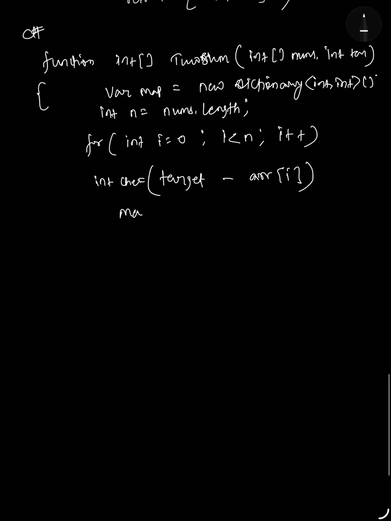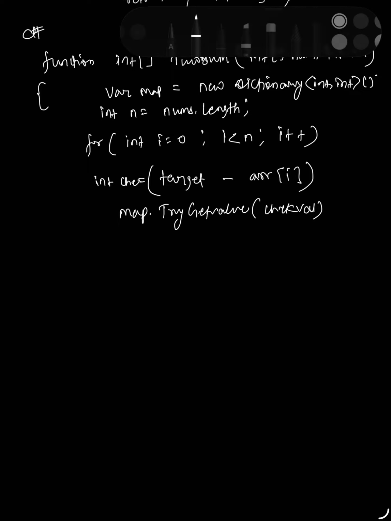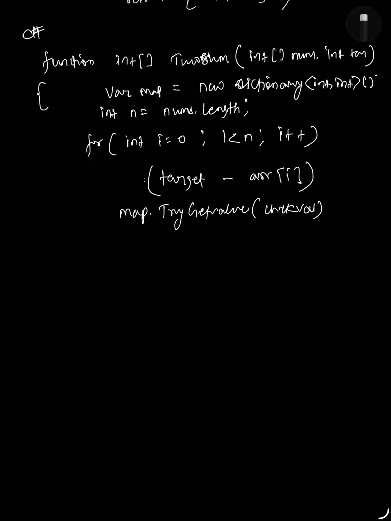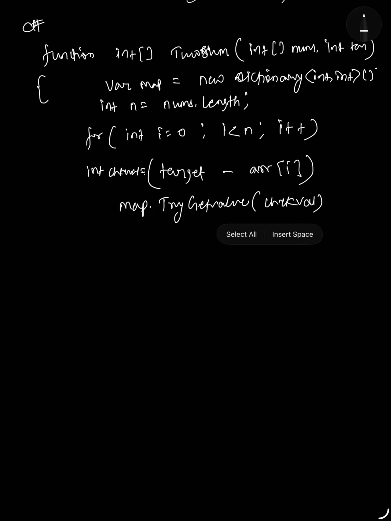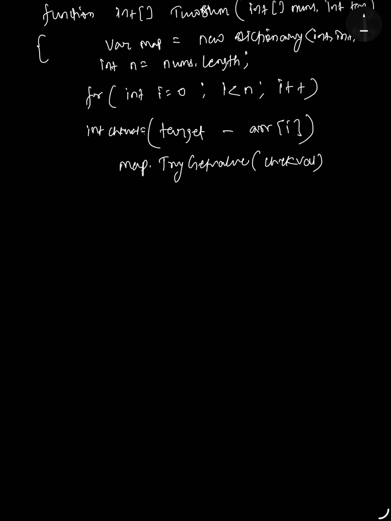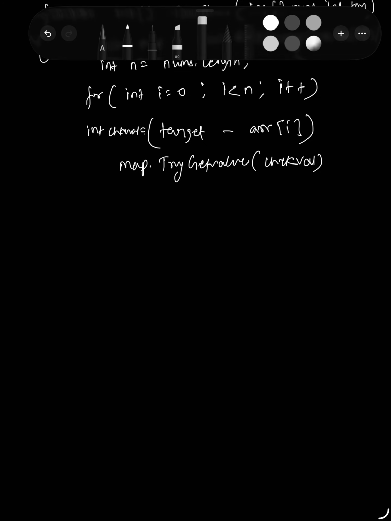So we will check map dot try get value, do I have this check val. Okay, I'll just name it correctly. Let me just correct it here also. So this is nothing but integer checkVal. So this checkVal will be checked to see if it has a value inside my map.